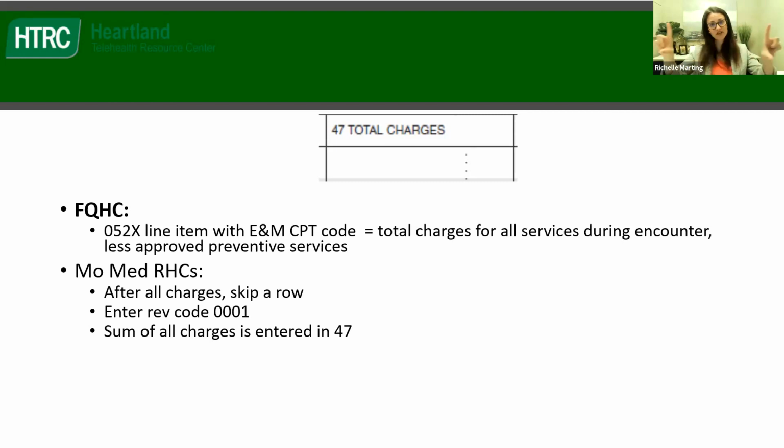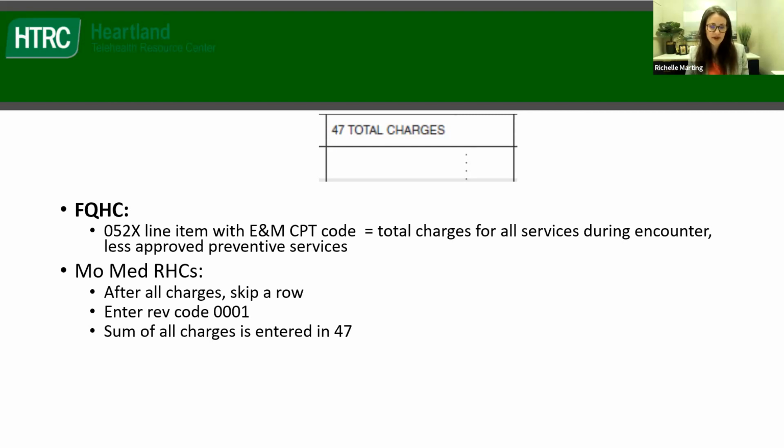Because remember, with FQHCs, we have our encounter code, and then we report all of the individual services below that. We're not going to get paid for those individual services. It's reported for data gathering purposes, but the total charges for that FQHC encounter are the total for everything that's been done for the patient, minus any approved preventive services that are carved out and paid separately.